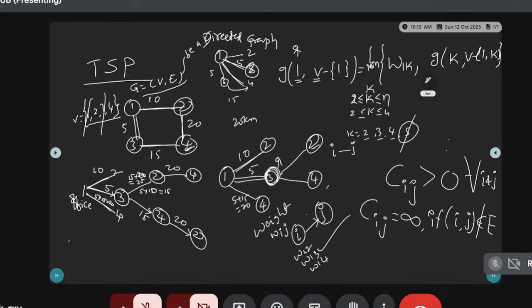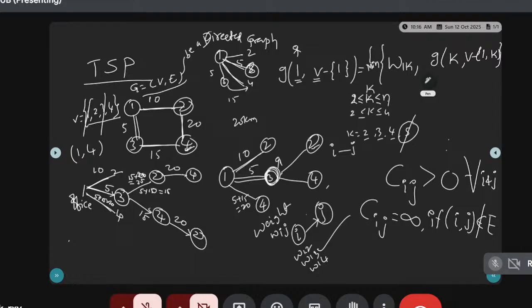And one more condition, Cij is sometimes infinite. Infinite means undefined value. When it is undefined, what is the cost between 1 comma 4? Ikanish, what is the cost 1 comma 4?